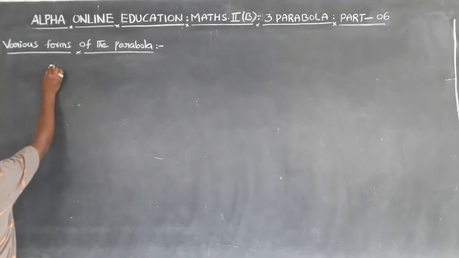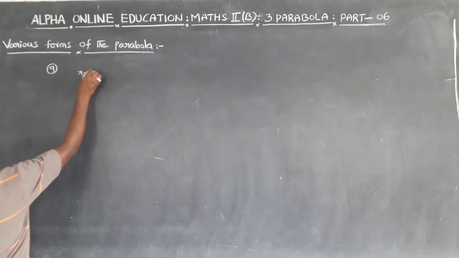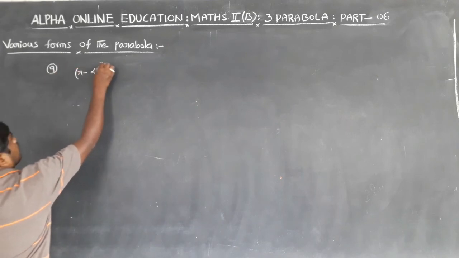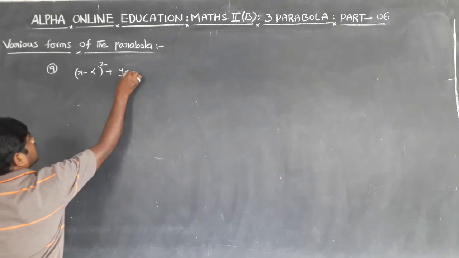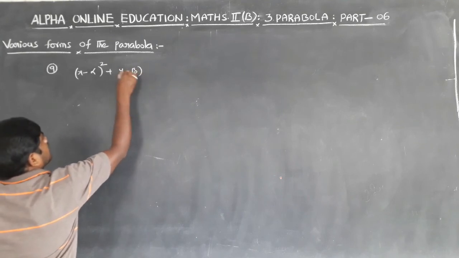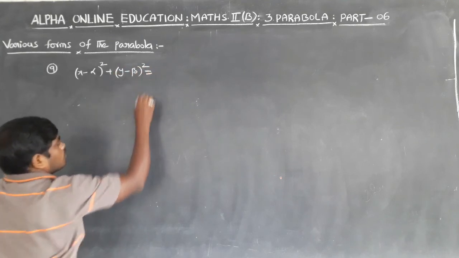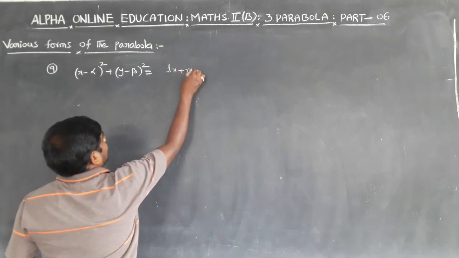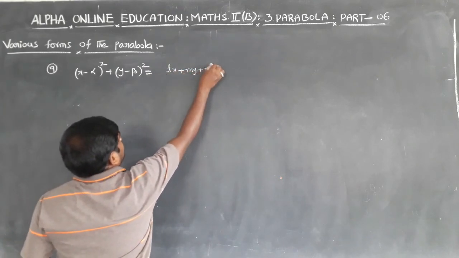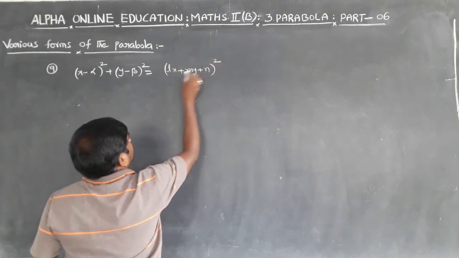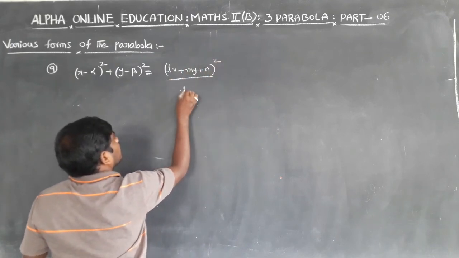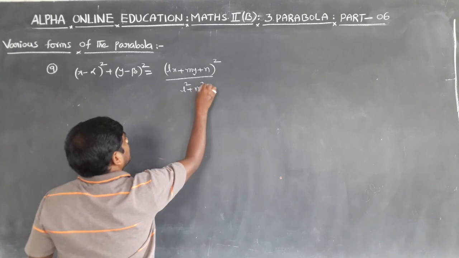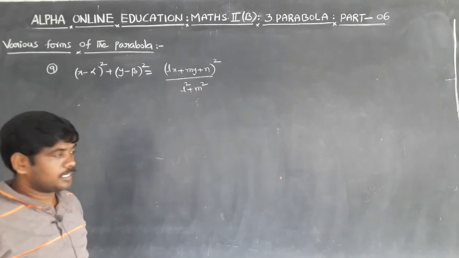Last one is the ninth one: x minus alpha whole square plus y minus beta whole square is equal to Lx plus my plus n whole square divided by L square plus m square.